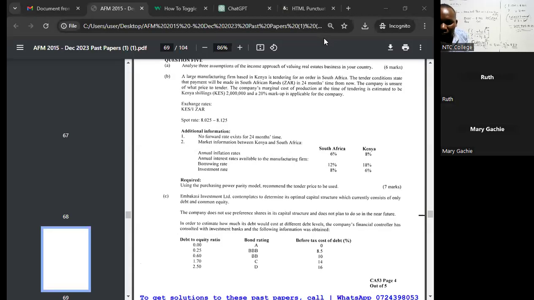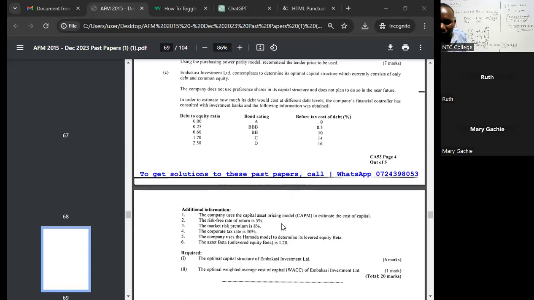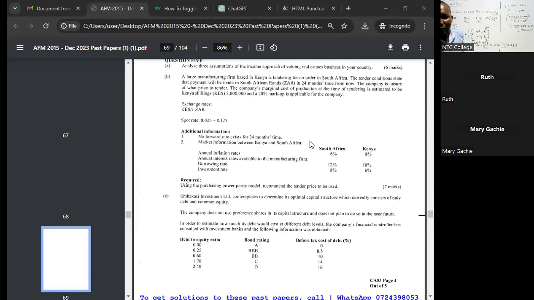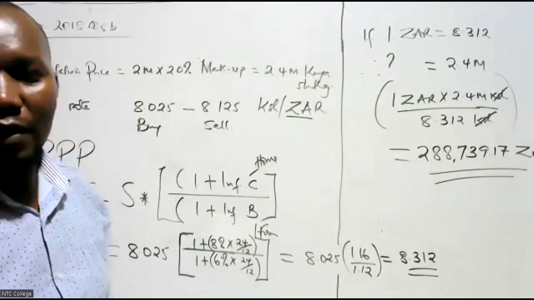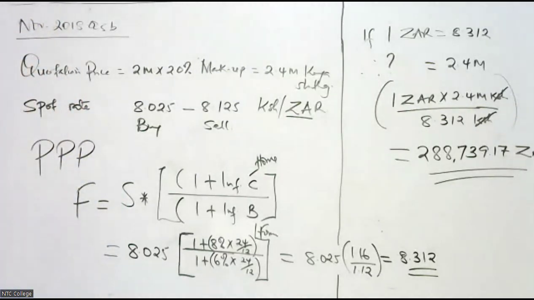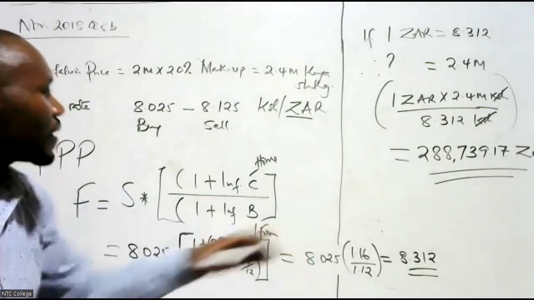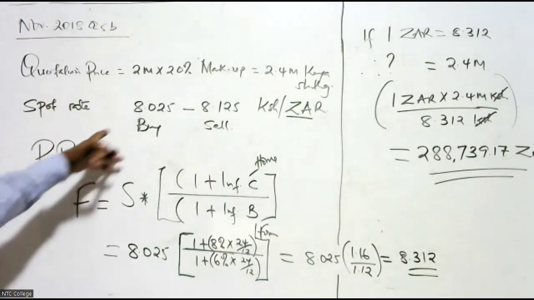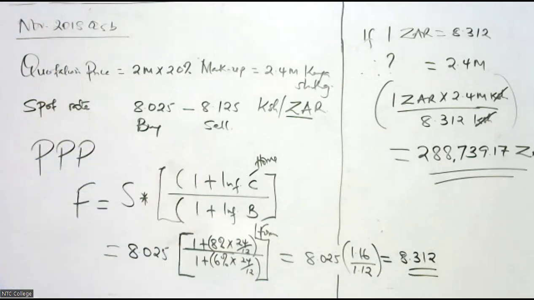The examiner hajauliza, but you pocketed your 7 months. Examiner has not asked for money market. We can try. How many believes that we can do that? We give it a try. Yeah, tutarudia kwa sababu tumepata answer tayari. Spot rate we shall use. Bado iko. So let's try money market.